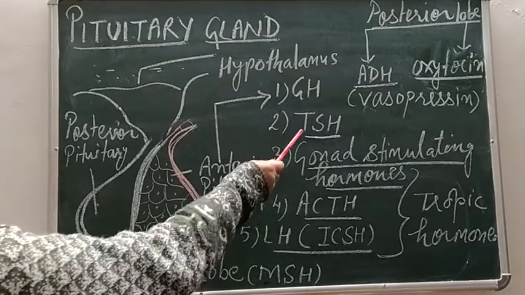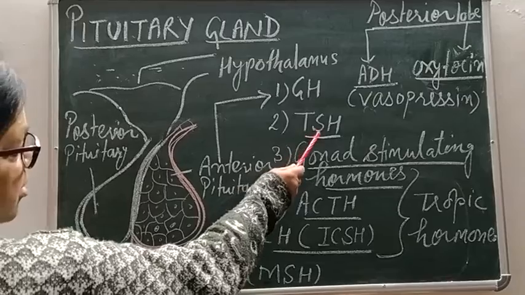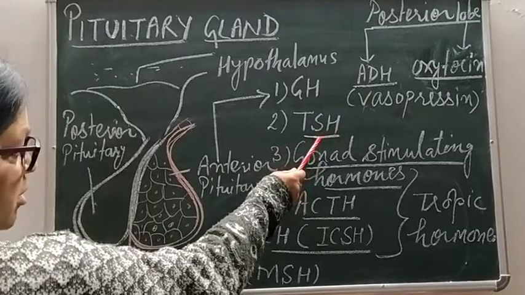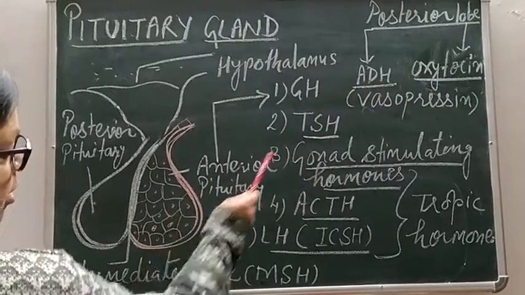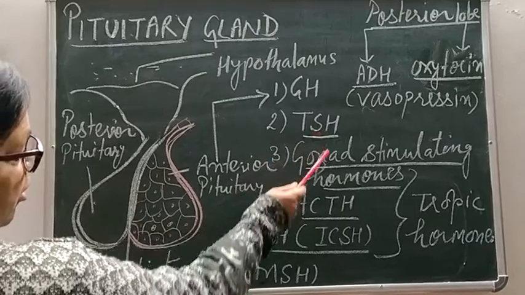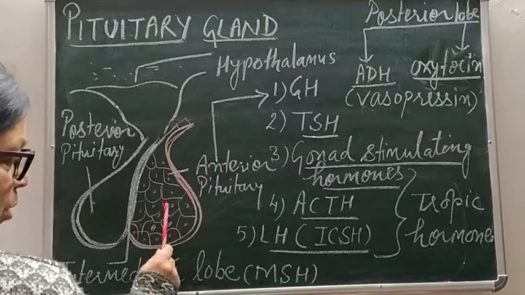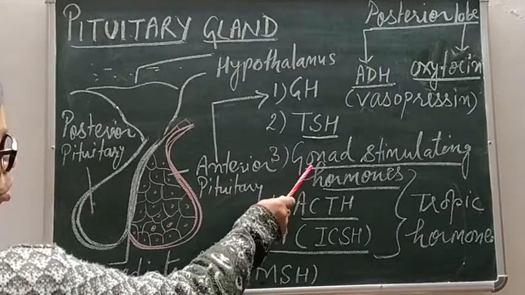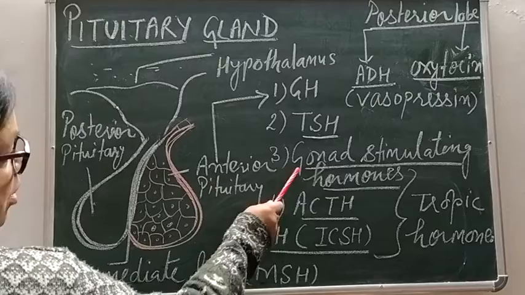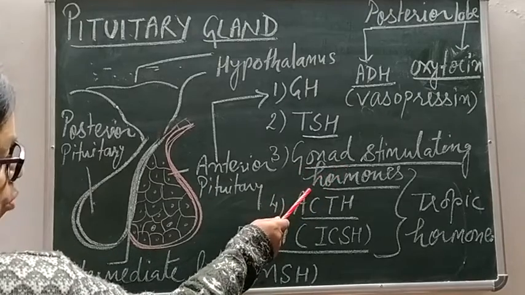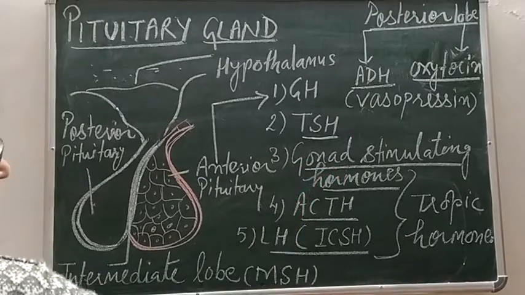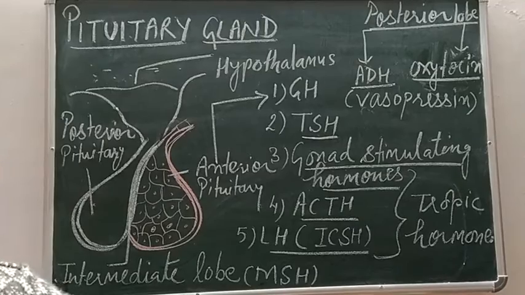For example, you can see TSH, thyroid stimulating hormone. This hormone is secreted by the anterior lobe of the pituitary, but it will be stimulating the thyroid. Gonad stimulating hormone is secreted by the anterior lobe of the pituitary, but it will be stimulating the testis. Gonad means reproductive organs, so testis and ovaries, to secrete their hormones.